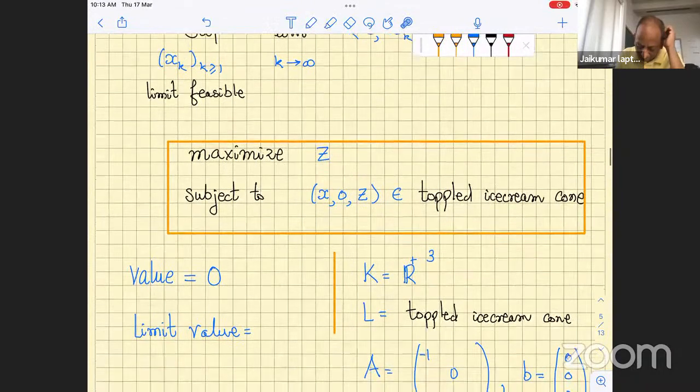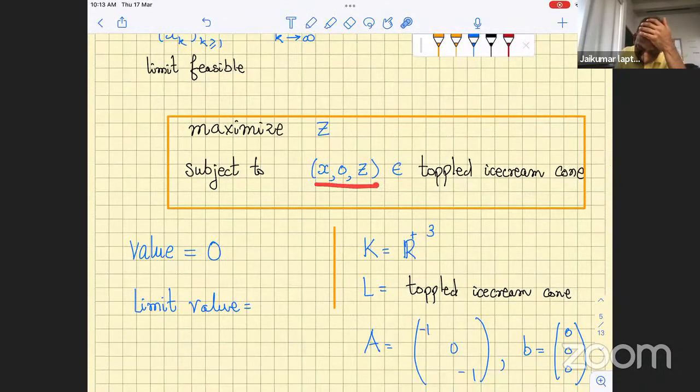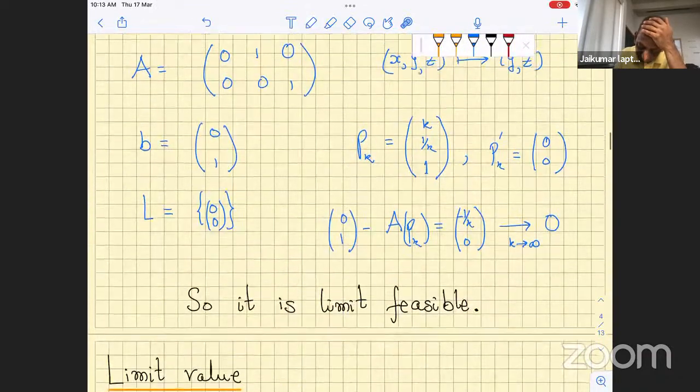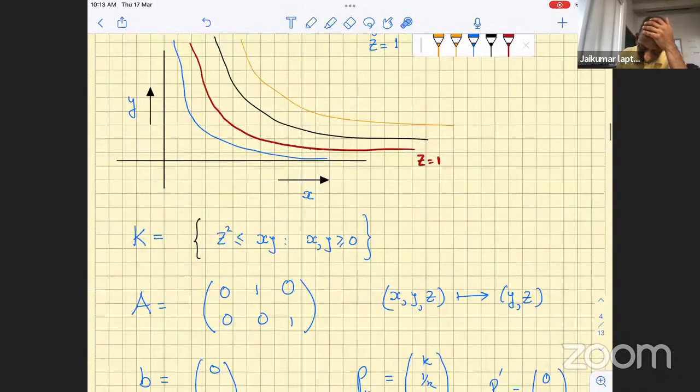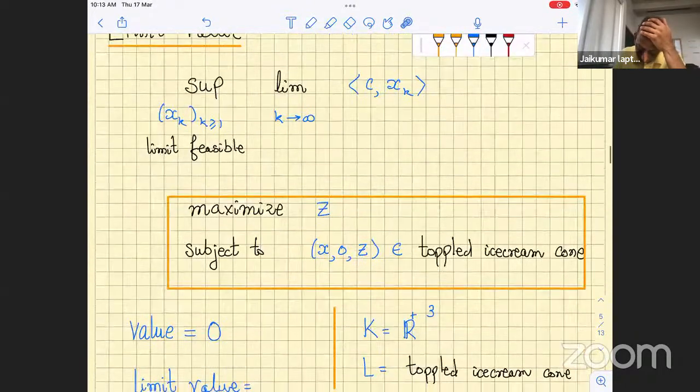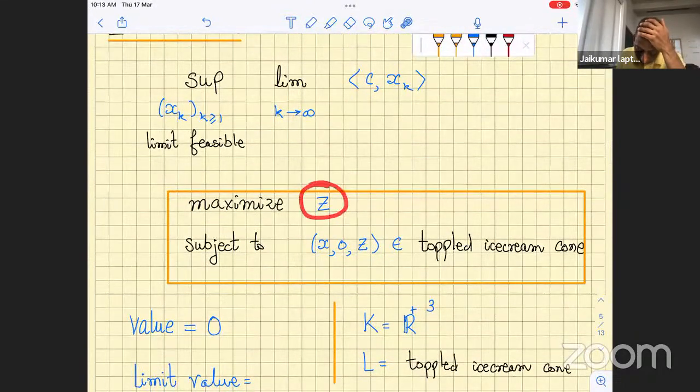Now, the point is that if a point like this has to be in the toppled ice cream cone, you remember x times y is on the right hand side and z squared is on the left hand side. So if one of these is 0, z has to be 0. If you look at the biggest that z can get, if you insist that y has to be 0, you have no choice, z will have to be 0.